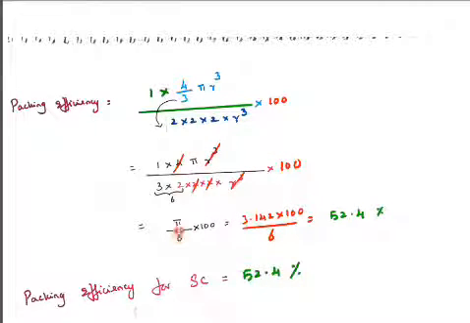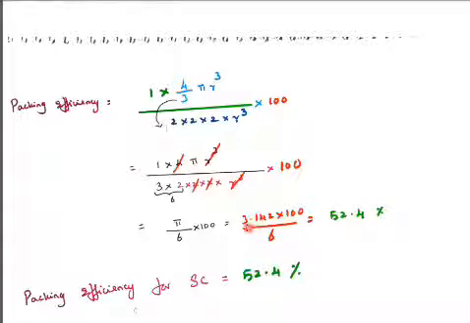Sometimes this value alone will be given in MCQs, asking which is the correct answer for simple cubic, FCC, and BCC. So be thorough with this formula as well as this percentage. The pi value is 3.14, but the accurate value is 3.142, into 100 by 6.